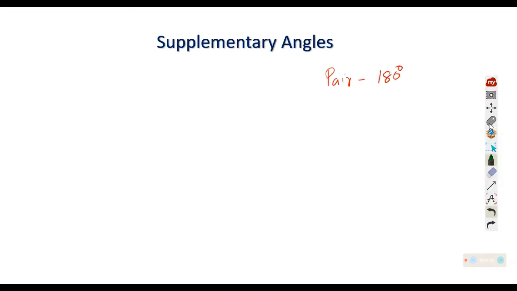It can be angles on a straight line, and if we measure here where the common origin is, it is 180 degree.